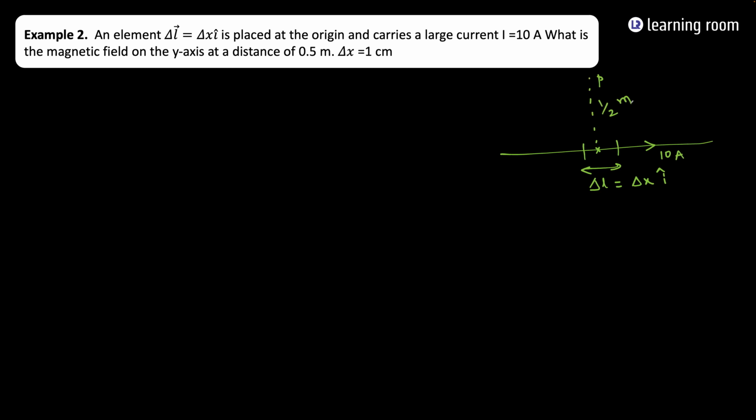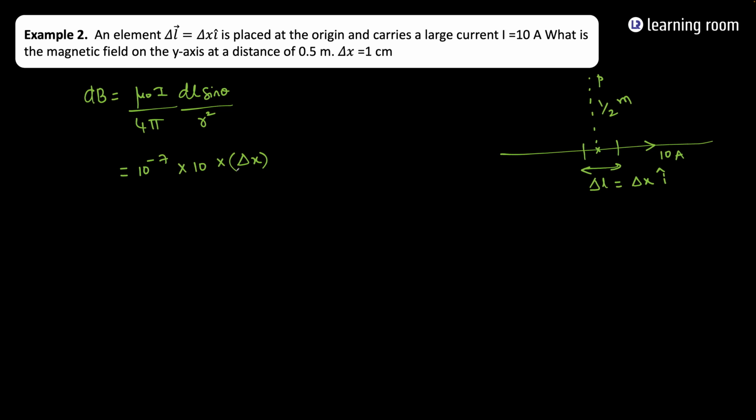So what will be right? Can we write dB is equal to mu naught I divided by 4 pi into dl sine theta, the whole divided by r square. So what is mu naught by 4 pi? It is going to be 10 power minus 7. What is the value of I? I is going to be 10 ampere into what is the value of dl? dl is going to be equal to delta x.